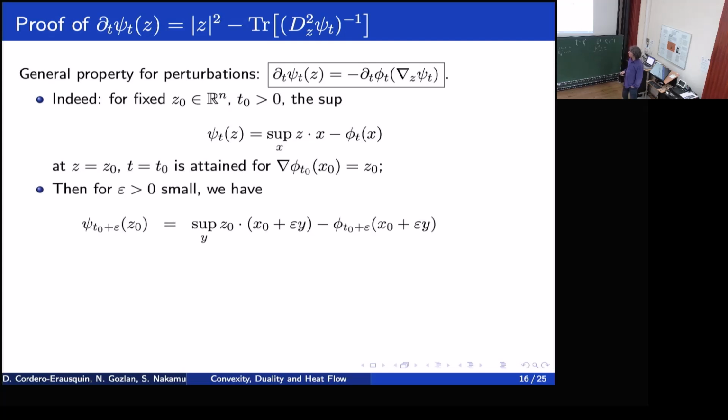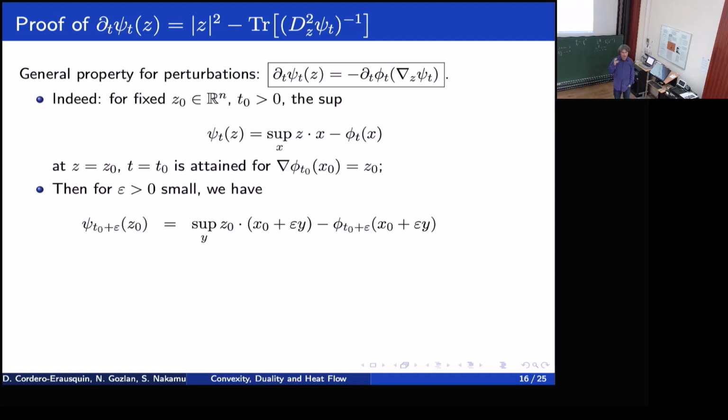Now, what I will do is just a Taylor expansion. This is how you compute derivatives. You want to understand psi at t0 plus epsilon at the fixed point z0. So here I rewrote the definition. I have done nothing here except the point x, I call it x0 plus epsilon y. It's a generic point in Rn.